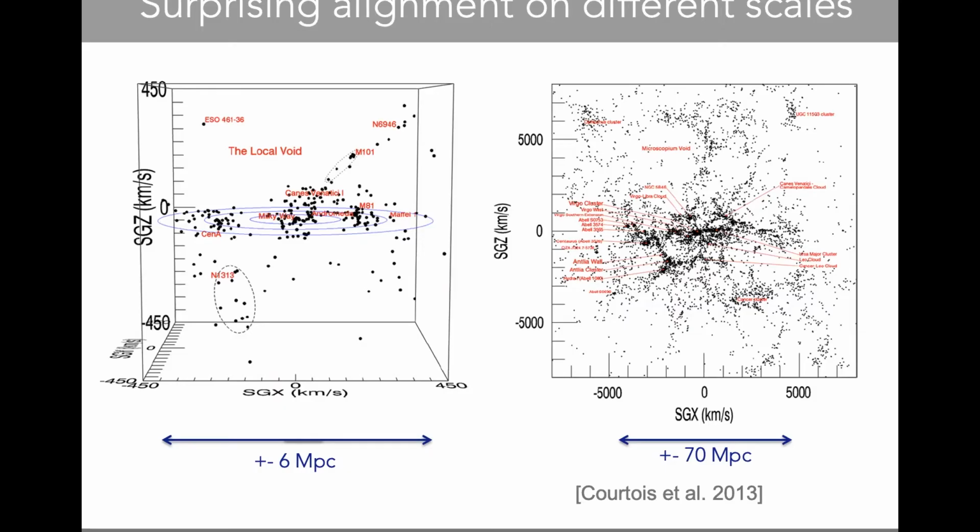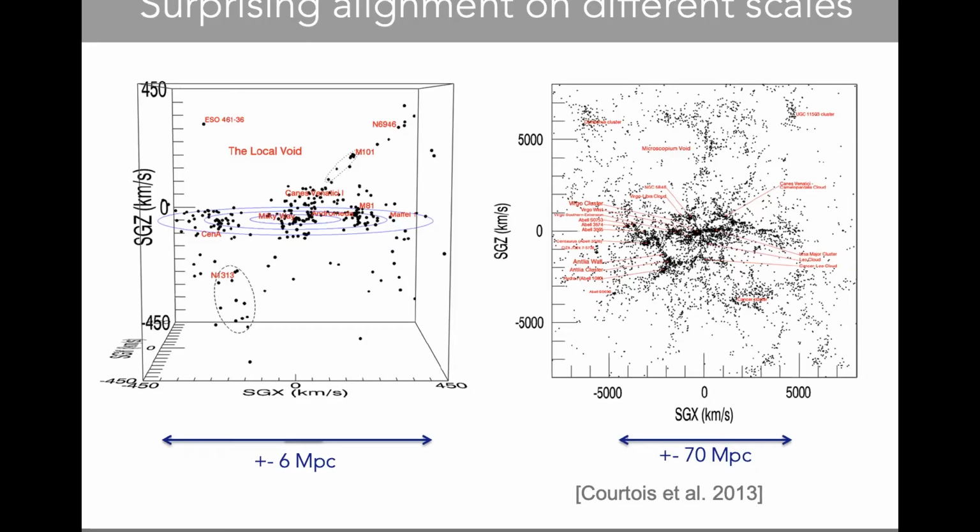And that is then embedded in the local supercluster, which was first described by de Vaucouleurs. And then you find that there is also some structure which is much larger, and you could call it the extended supercluster. That is something we discussed in the last 2 days with Jan and Marit.